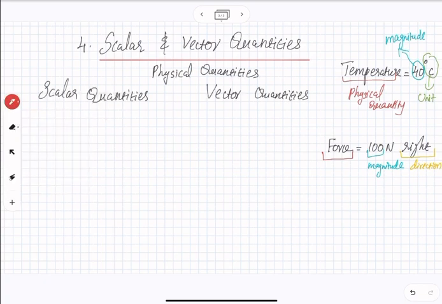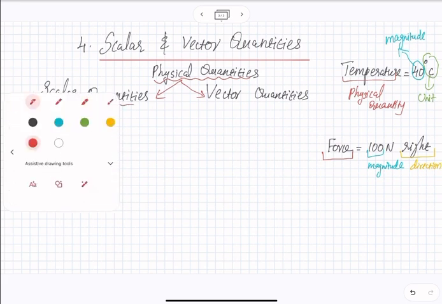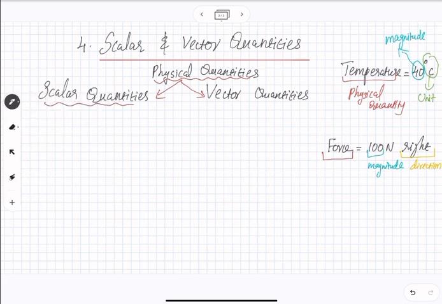So here we can see physical quantities are of two types, either scalar or vector. So we have already seen scalar quantities are the quantities which have only magnitude. It's just a number. No need to mention the direction.